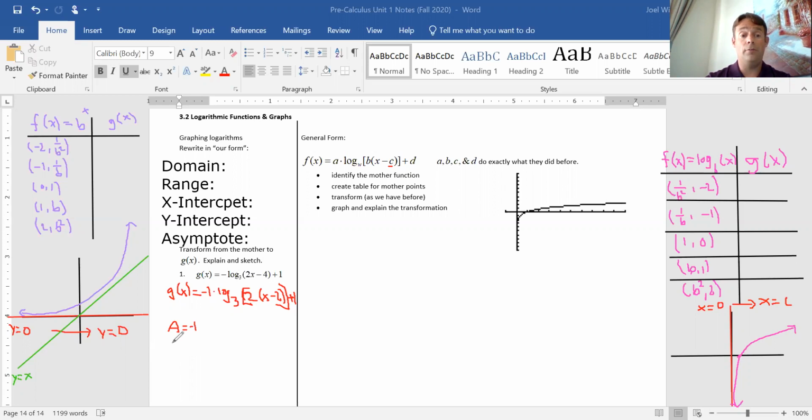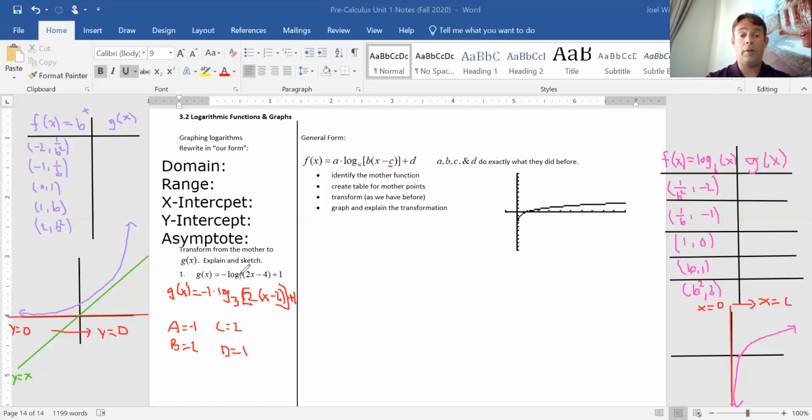Our b value is going to be 2. Our c value is also going to be 2. We got those 2's. And our d value is going to be a +1.